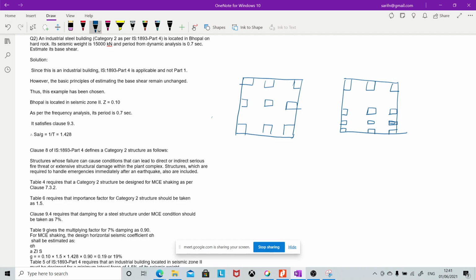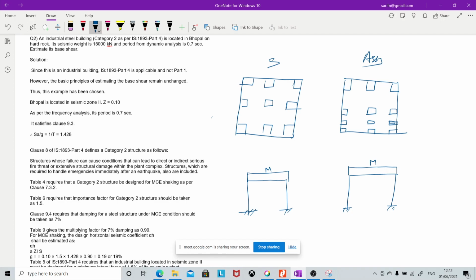Here it is symmetry, here you have asymmetry. Now let us consider the elevation of both the buildings. The mass, let us take it as m. Here also the elevation of the building. Let us say the mass is going to remain the same.